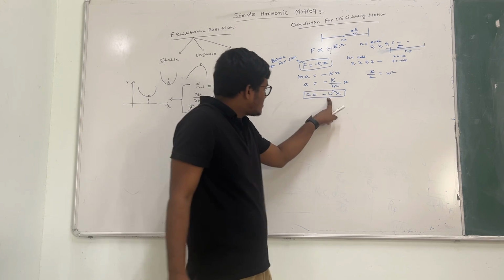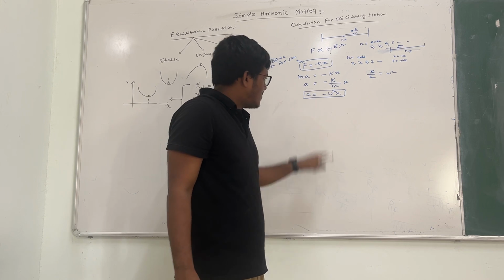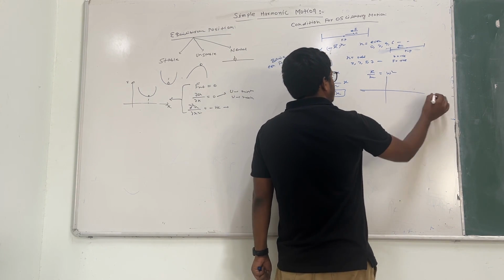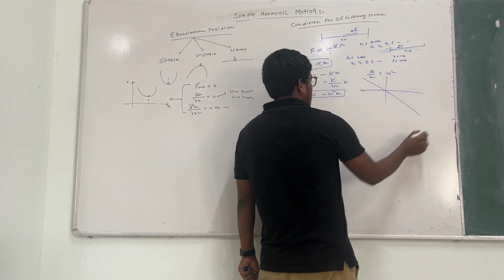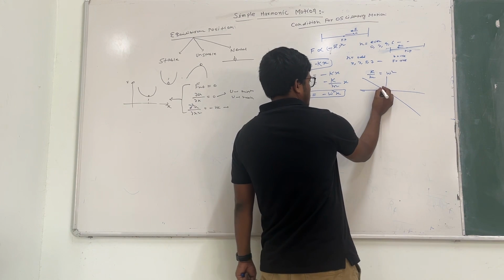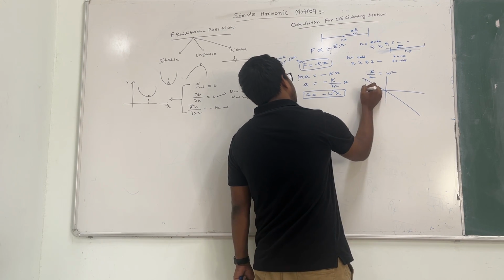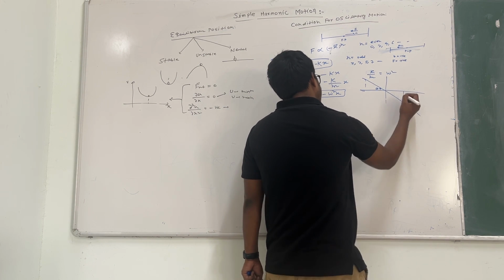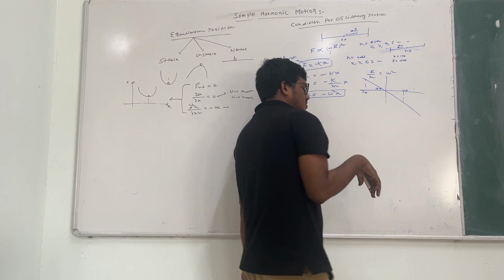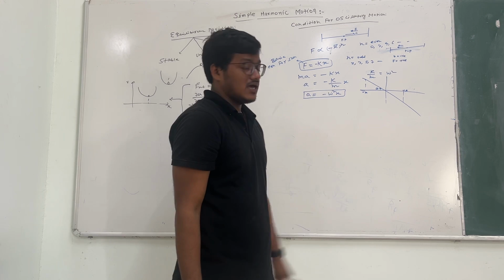Now suppose I plot this curve of SHM, then this curve will be like a straight line, because it is the equation y equal to mx. And this angle is theta. Suppose this is the stable position from where the particle is coming back. We know the slope is tan theta.